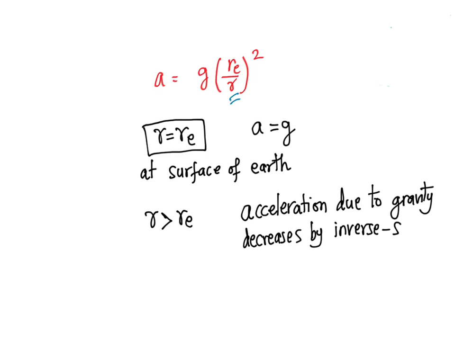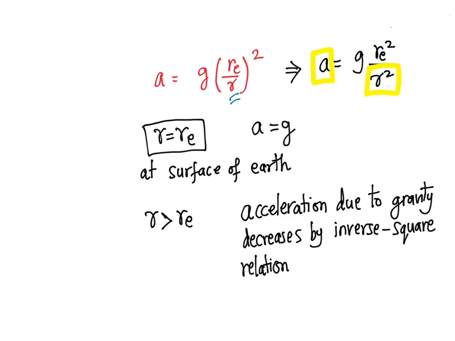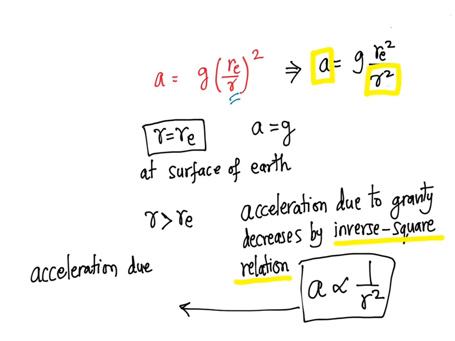So acceleration due to gravity is going to decrease by the inverse square relation, which we can see from the formula. If you just open up the formula, A is equal to g RE square over R square. So we see that A, which is acceleration due to gravity, is inversely proportional to the square of the distance.